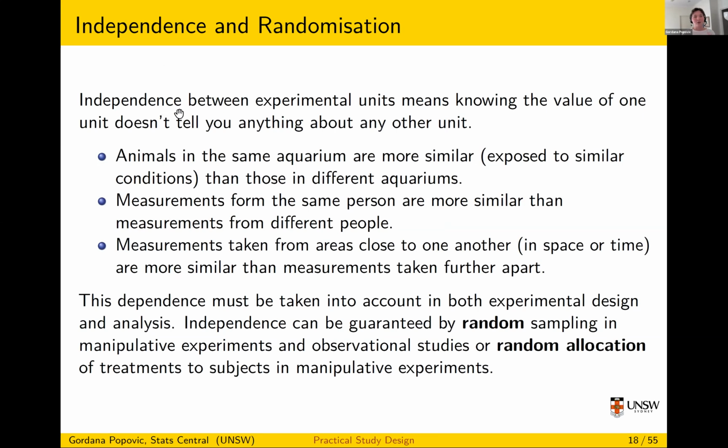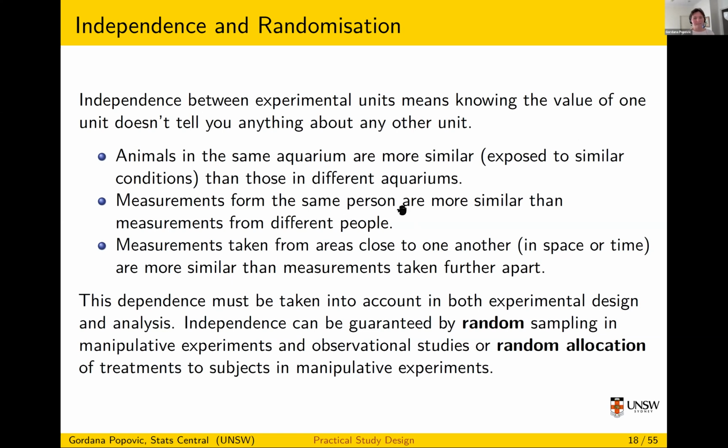Independence is a concept that means that knowing the value of one unit, of one observation, doesn't tell you anything about another observation. The way that you have dependence might be animals in the same aquarium, because they're exposed to similar conditions and are more similar than animals in different aquariums.